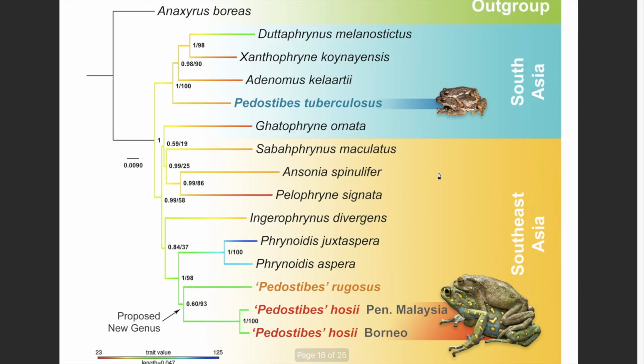Since you have different data points that you can use, you can create a more robust analysis, for example, for the case of your frogs here.